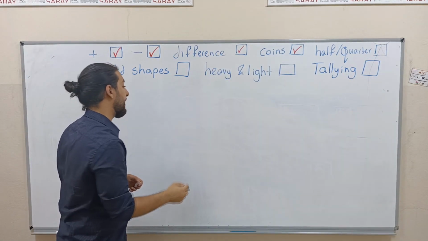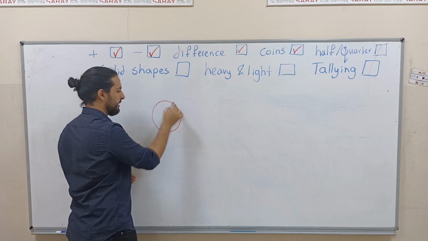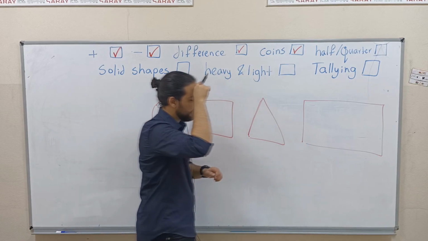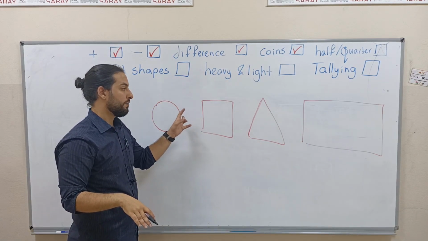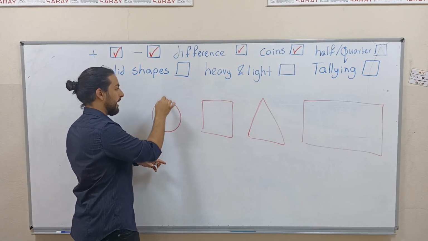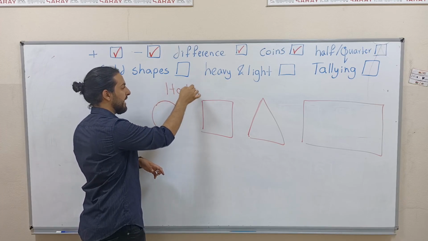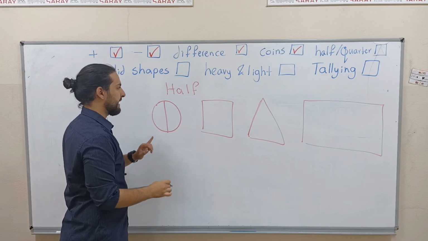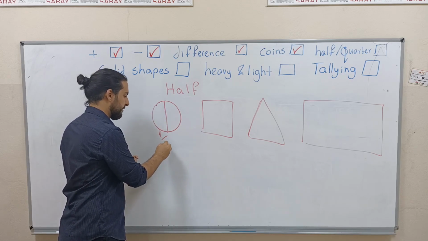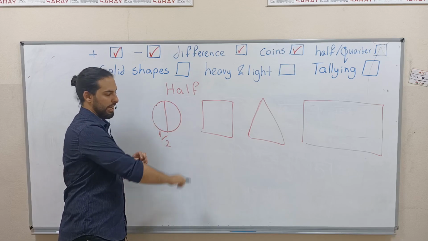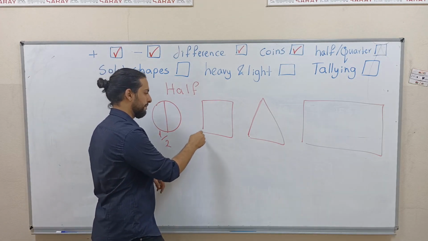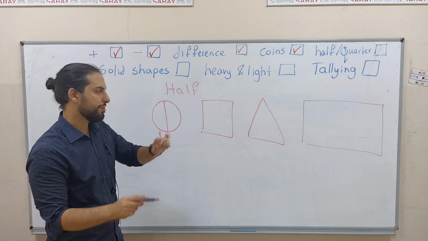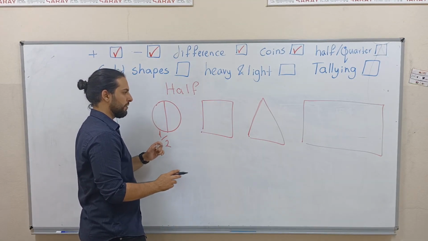Okay, now we have half and quarter. So if we have shapes like this, and the teacher tells you to make them half, you need to divide them into half, maybe color them, maybe write half, maybe color half blue and half red. I'm not sure how it is in the exam, but in the revision sheet it says half and quarter, so it can be any one of these things.